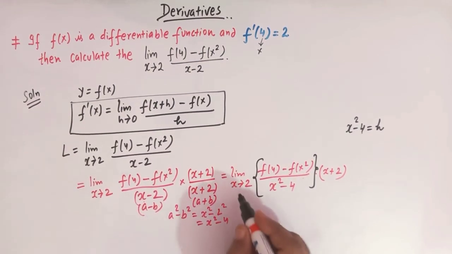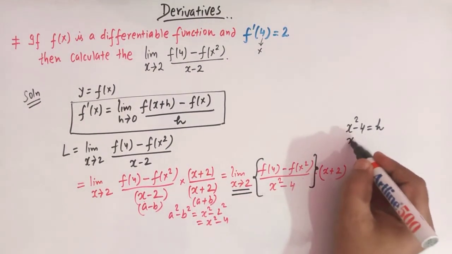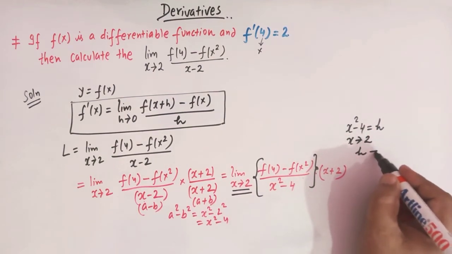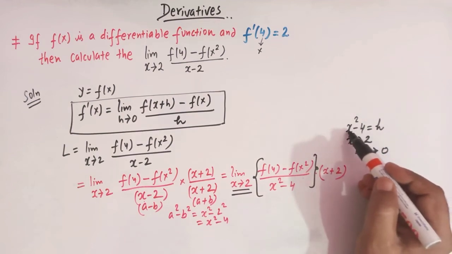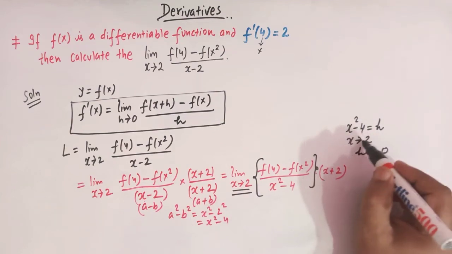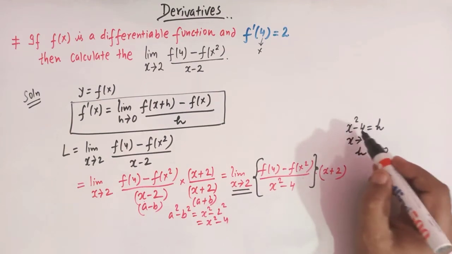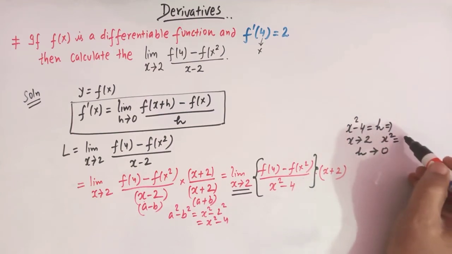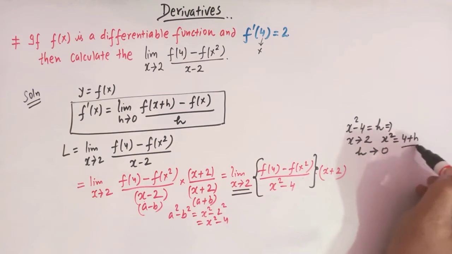When x tends to 2, obviously h tends to 0, because this is 2 square minus 4, that is 4 minus 4, which is 0. So from here x square can be written as 4 plus h.